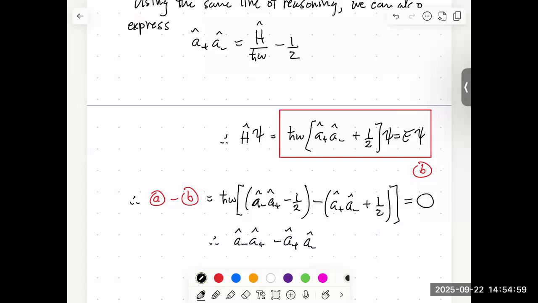And then what else am I going to have? I'm going to have minus 1/2, minus 1/2. So I'm going to get minus 1 is equal to 0. Or I could write all of this stuff is equal to plus 1.